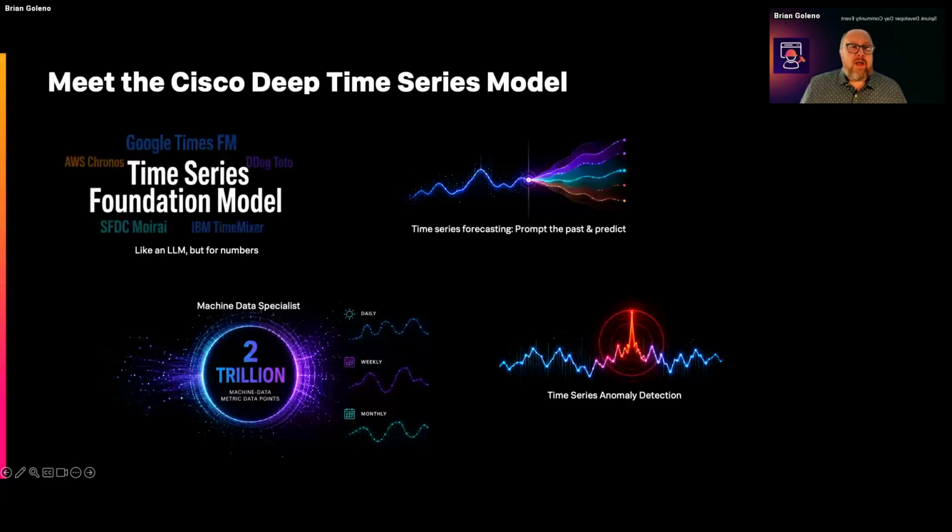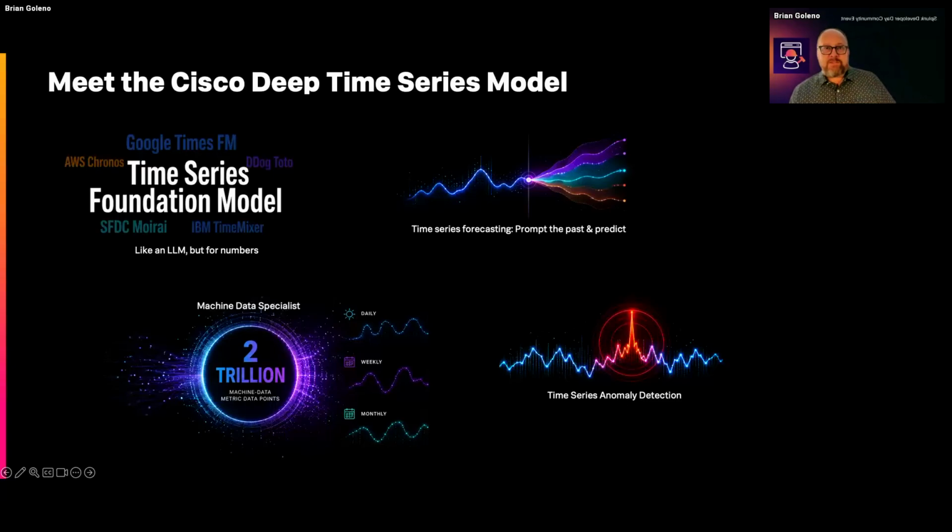Now, time series foundation models are not a brand new thing. They're pretty new, but not brand new. Ours is not the first in the market, but we are on the leading edge of the game. Others, large labs like Google and AWS, have been creating time series foundation models for about 1.5 years, maybe 2 years. Ours is unique in the sense that we are focusing on machine data.